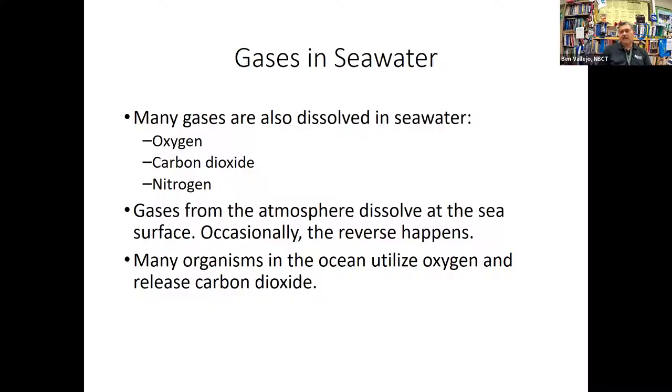And so in the ocean, you have dissolved carbon dioxide, and dissolved oxygen. There has to be enough dissolved oxygen so the fish have something to breathe in the water.